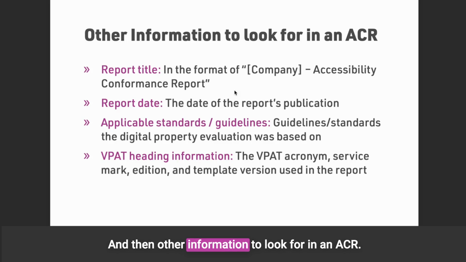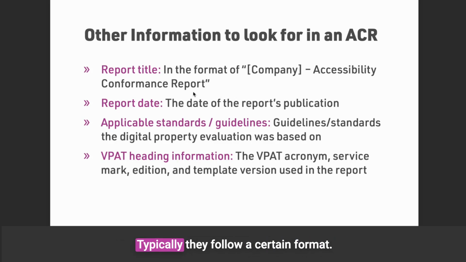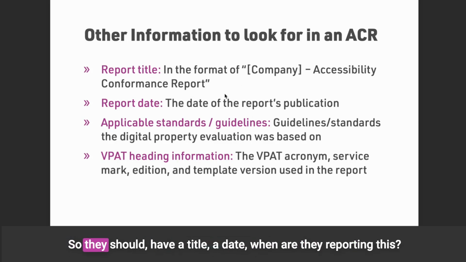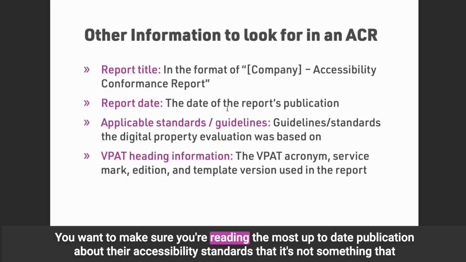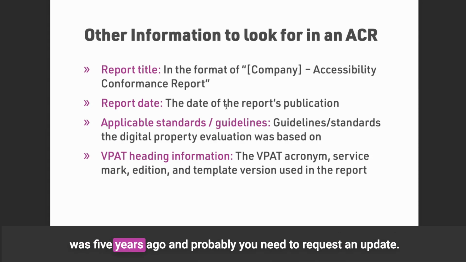And then other information to look for in an ACR, typically they follow a certain format, so they should have a title, a date, when are they reporting this, because again, standards change, things get updated. You want to make sure you're reading the most up-to-date publication about their accessibility standards, that it's not something that was 5 years ago and probably you need to request an update.